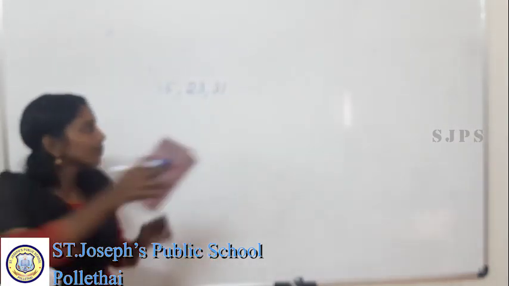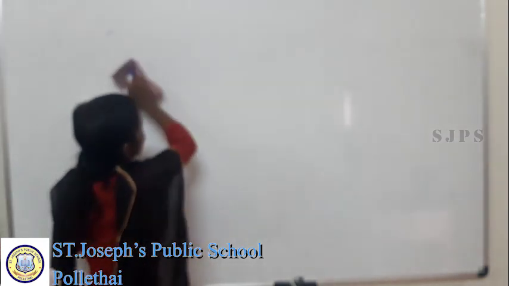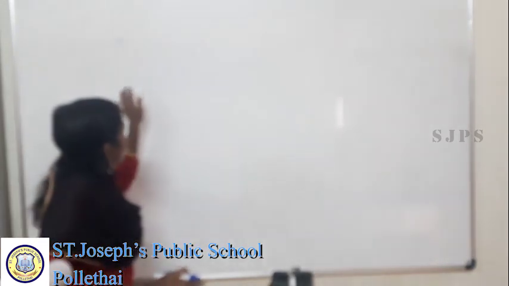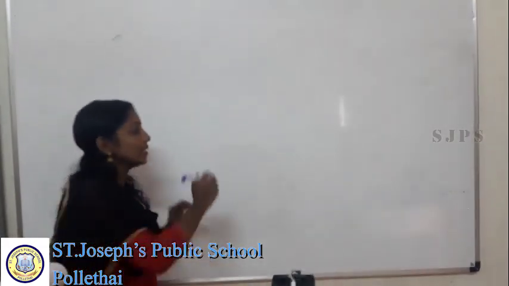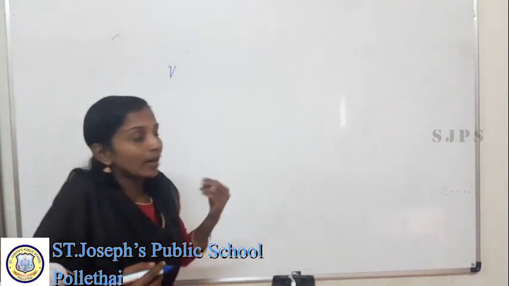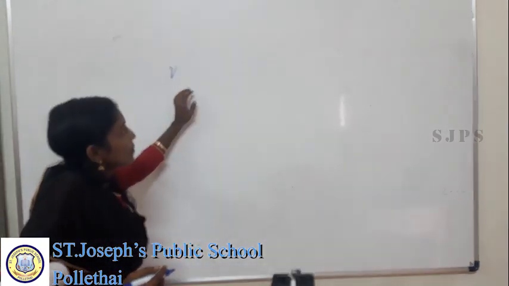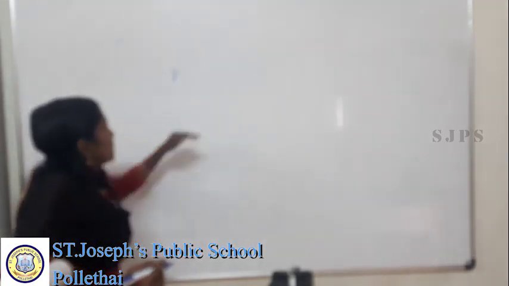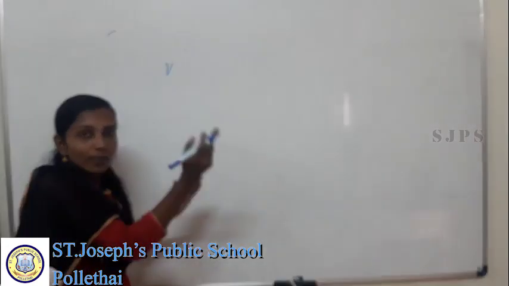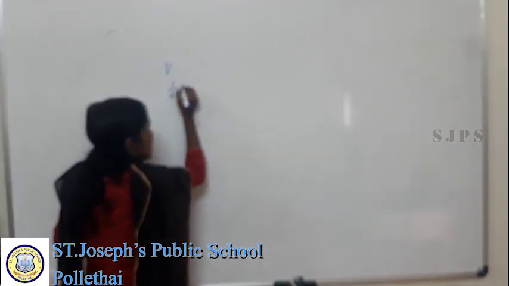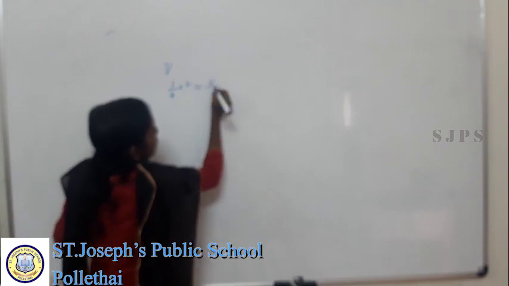So first, the volume of air present in the cylinder is V. Then when the vacuum pump removes 1 by 4 of the air, that is, 1 by 4 of V is removed. 1 by 4 of V is 1 by 4 into V, so we can write V by 4.